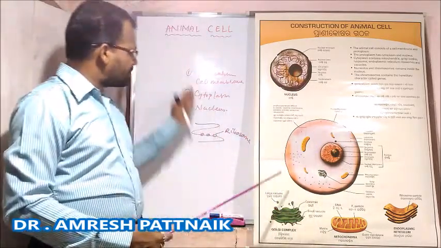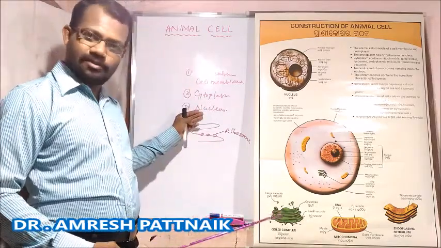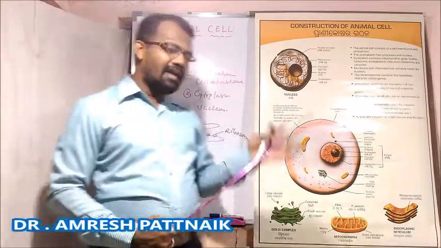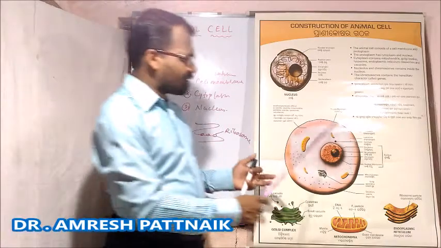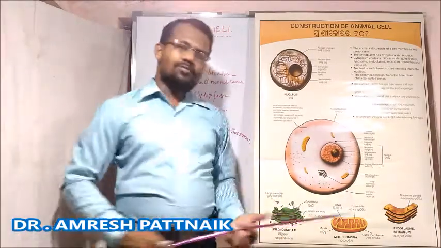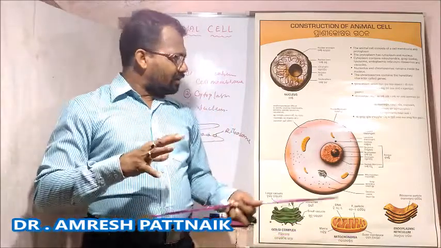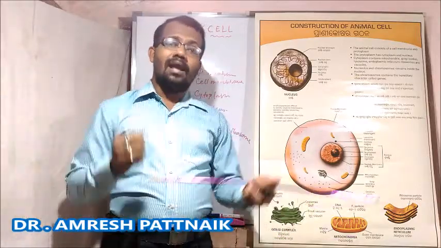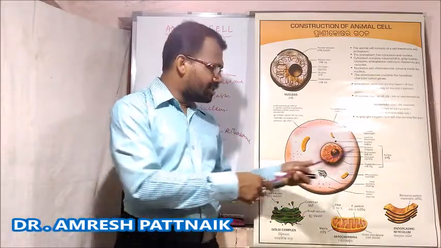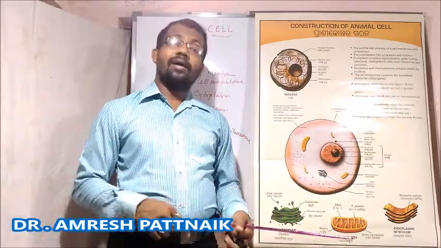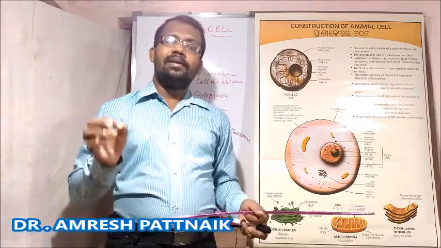So we have discussed the plasma membrane, the cytoplasm, and the nucleus. Another thing I would like to say about this plasma membrane is that it does not always allow other materials to come directly inside. Materials may come in because it is selectively permeable in nature.